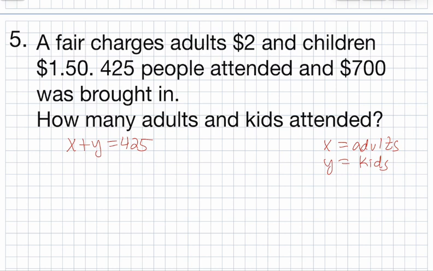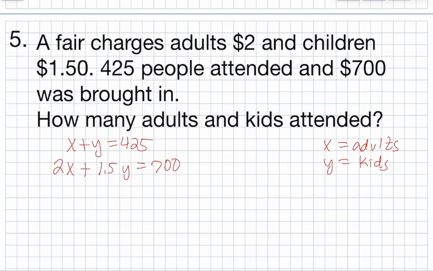Now there's also information they gave us about the value. Adult tickets were $2, so 2x. Kid tickets were $1.50, so 1.5y. That will equal a total monetary value of 700. So those are the two equations that we have.